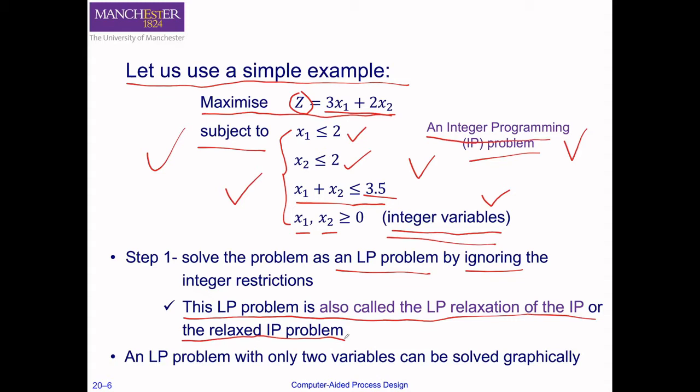We can solve this linear programming problem using the graphic method or using the simplex method that is introduced in topic 17. Here, let's solve this LP problem using the graphic method. This is because this linear programming problem has only two variables, x1 and x2.